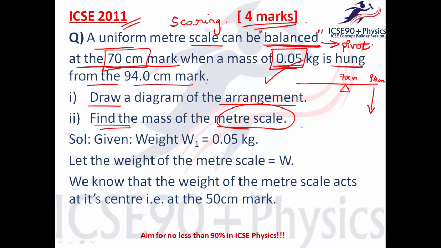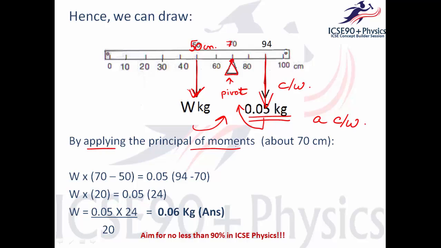So to be able to calculate this mass, apply the principle of moments about the 70 centimeter mark, or about the pivot point, right? So we get W into this distance, being 20 centimeters. So W into 70 minus 50, that is 20, is equal to 0.05 times 94 minus 70, which is nothing but 24. Here the left hand side is the anti-clockwise moment and the right hand side is the clockwise moment.